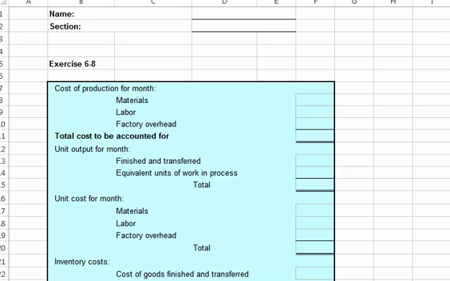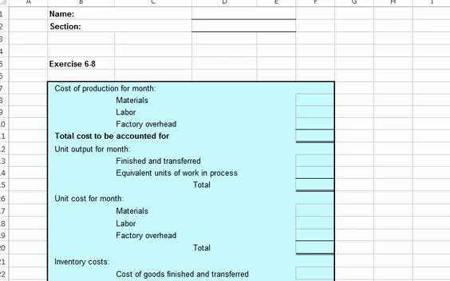Klein Sisters Products Incorporated manufactures a liquid product in one department. Due to the nature of the product and the process, units are regularly lost at the beginning of production. Materials and conversion costs, remember we call direct labor and factory overhead conversion costs because it takes both direct labor and factory overhead to convert raw materials into finished goods, are added evenly throughout the process.